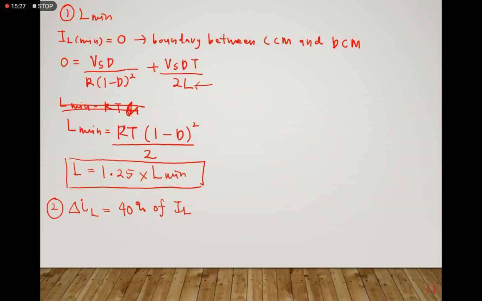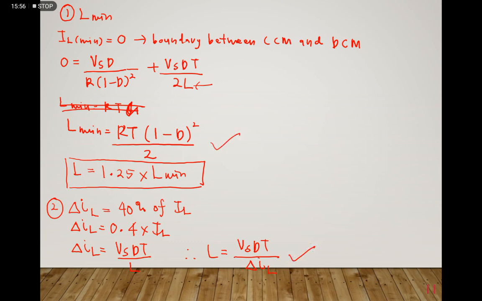Substituting delta IL equals Vs dt over L, from here you get L equals Vs dt over delta IL. So you can use these two equations to find the value of your L.